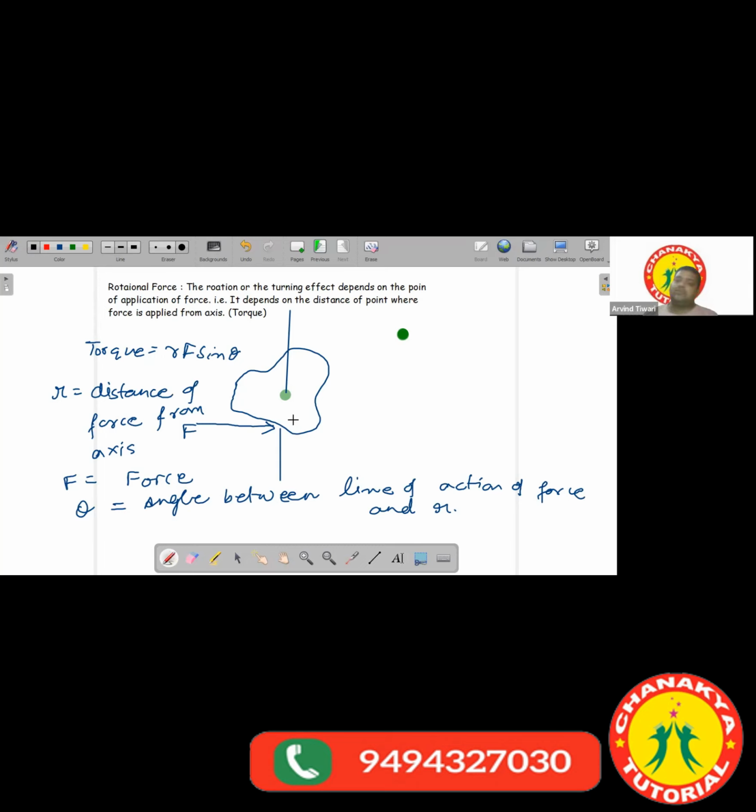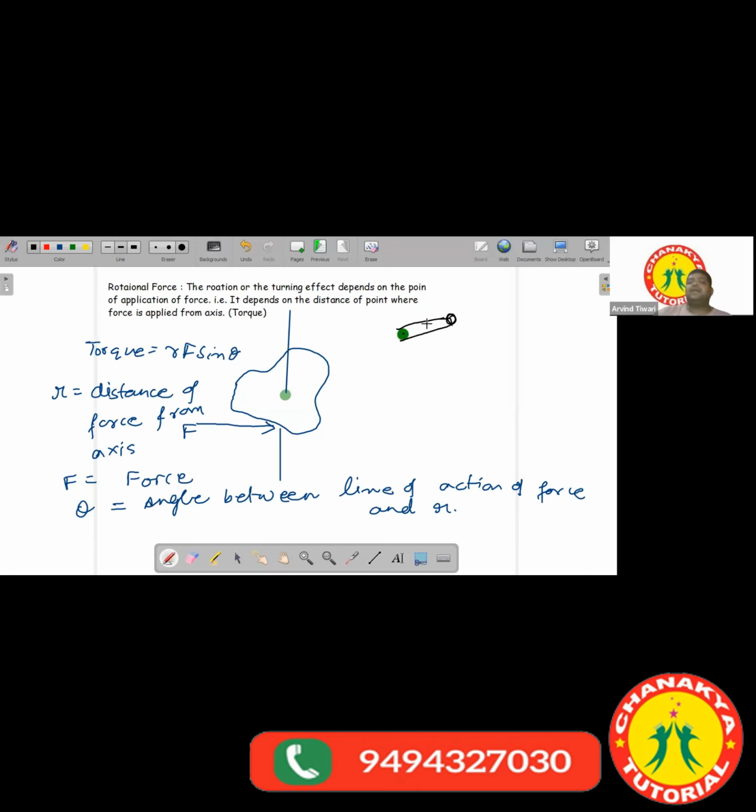So what happens over there, if you observe from the axis, we increase the distance. When we attach a wrench to it, we increase the distance of the point of application of force from the axis. So we apply our force a little bit of distance away from the axis of rotation.